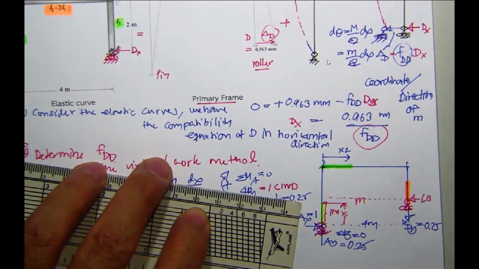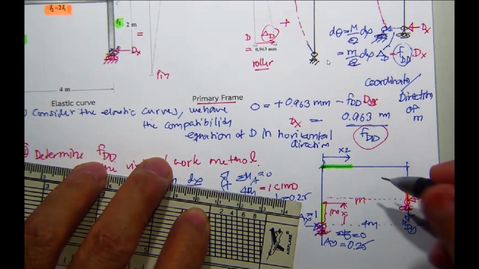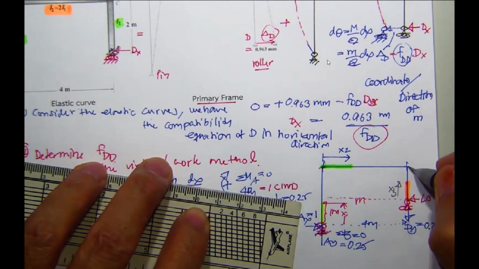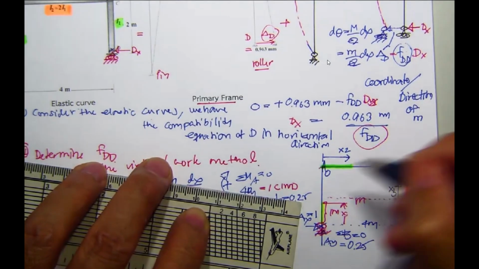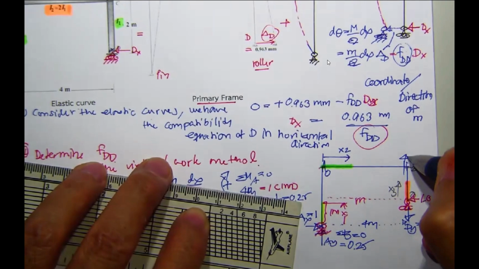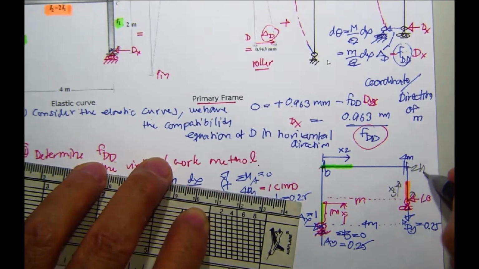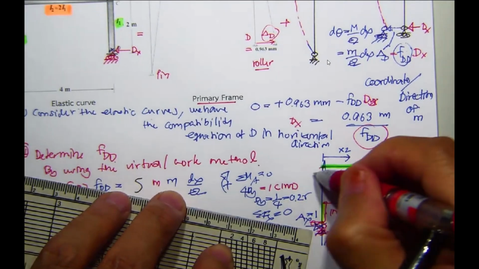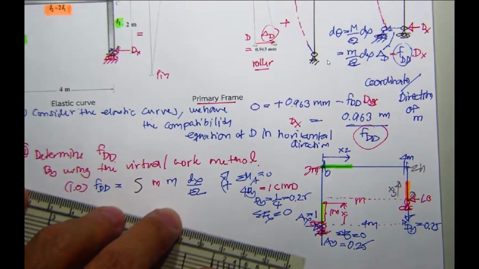And then we have this one, x3, from 0 to 2 meter. This one from 0 to 4 meter. And for this one, from 0 to 3 meter.